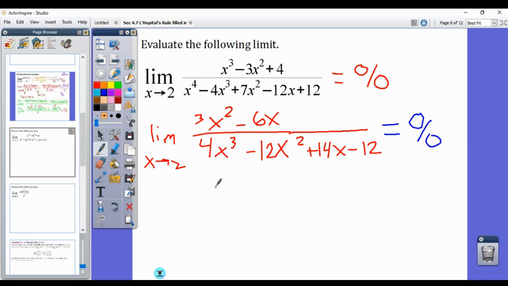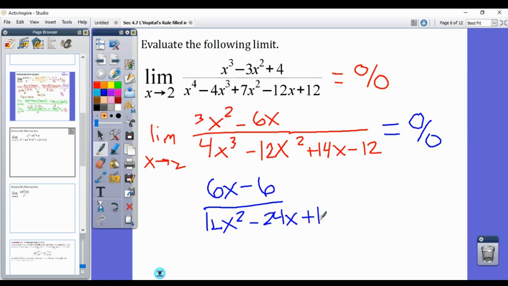Okay, so if we do that, we're going to end up with 6x minus 6 over 12x squared minus 24x plus 14. So let's try the limit this time. And we're going to end up this time with 6 over 14, which can reduce down to 3/7. Yay!